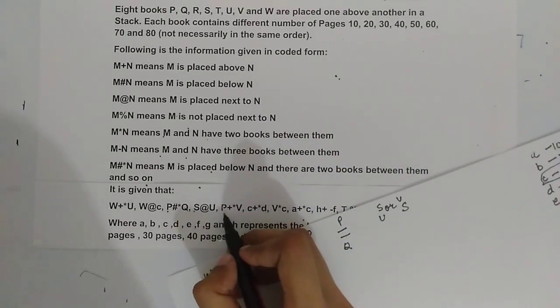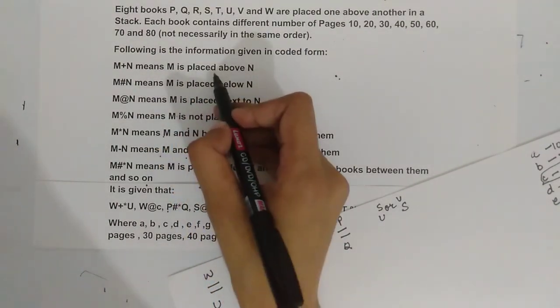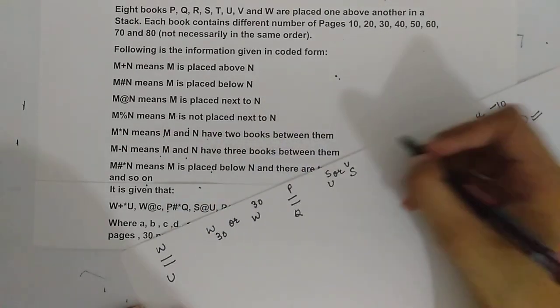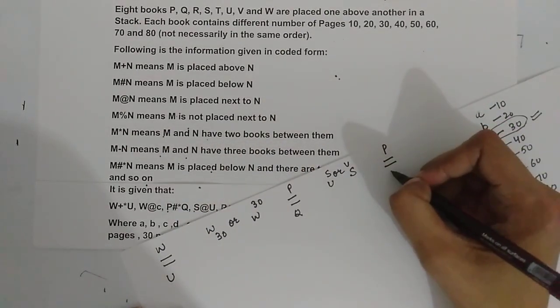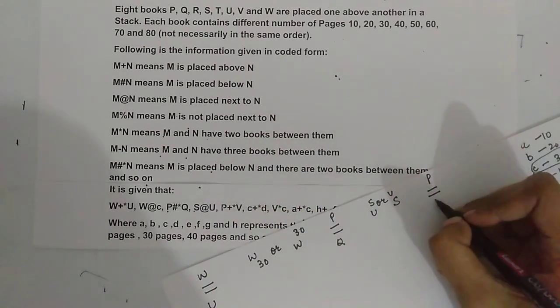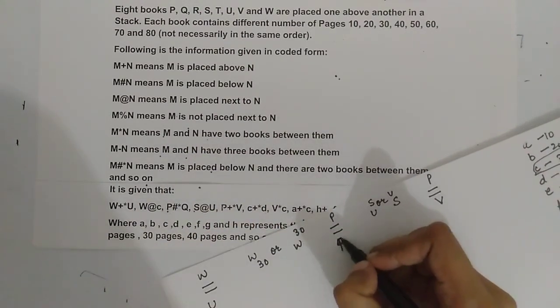See the next one, P plus star V. Plus means P is placed above V and star means there are 2 books between them. So it will be like this, P plus star V.